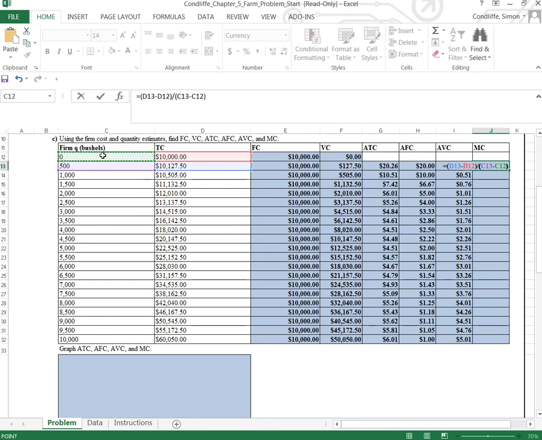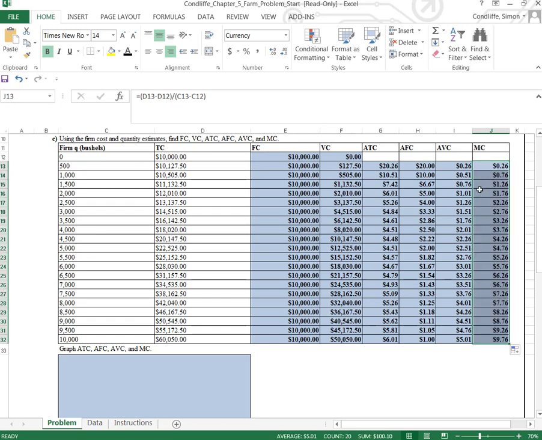So this is going to give us the cost of one additional unit, in this case bushels. How much does one additional bushel cost when we're moving from none to 500? So in that range, the marginal cost is 26 cents. But as we'll see, spread this down, the more we produce, the more rapidly this rises.